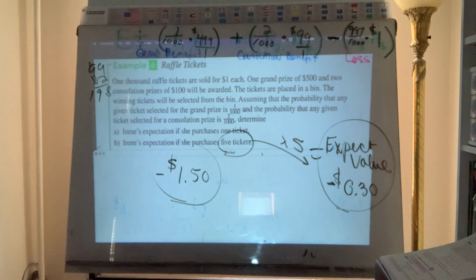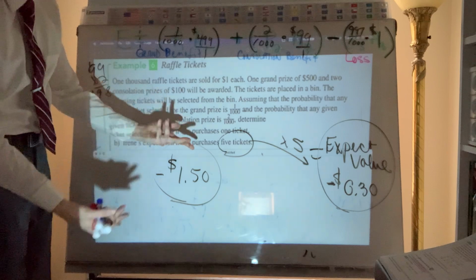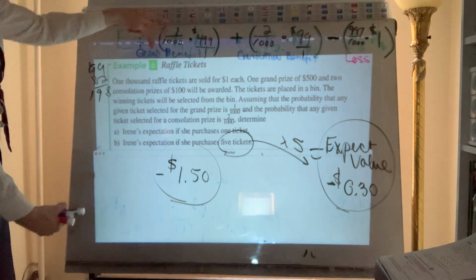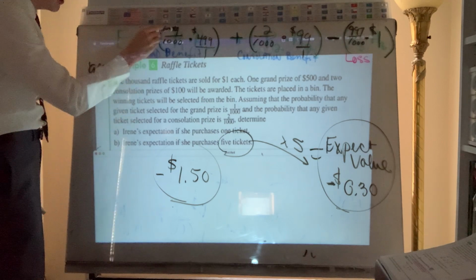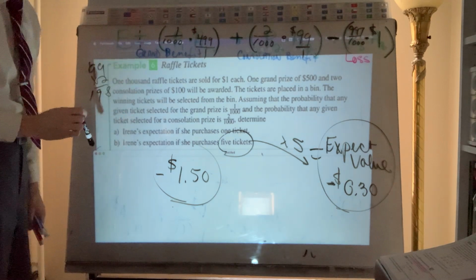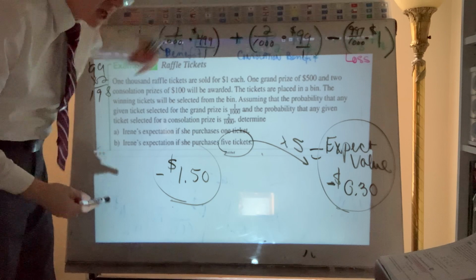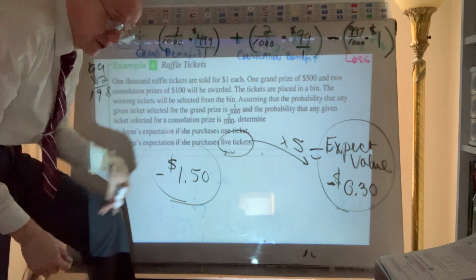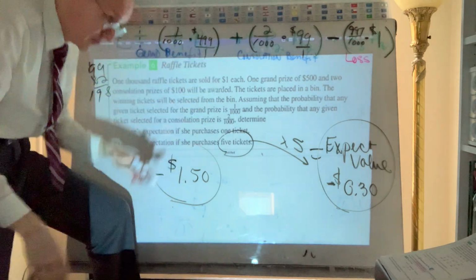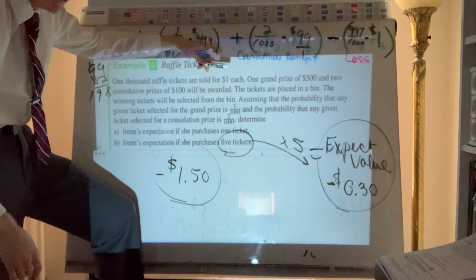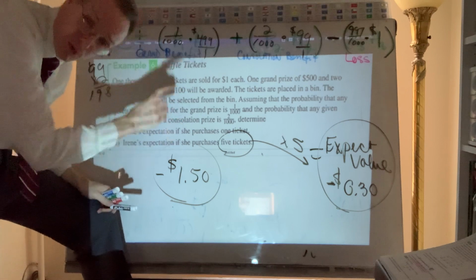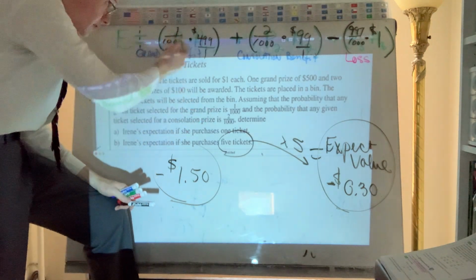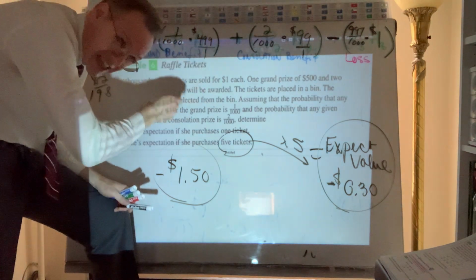Like the probability, the more tickets that you buy, in theory, the greater the probability. So what would happen is that this would become 5 out of 1,000, right? When you figure out the dollar value that would be equivalent, though, it wouldn't be subtracting 1 from 500. It would be subtracting 5 from 500, so it would be 495 for this term. The probability would be affected, and the amount that is associated would be slightly reduced.